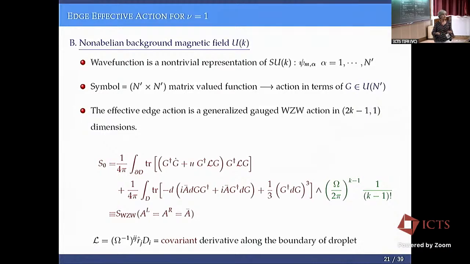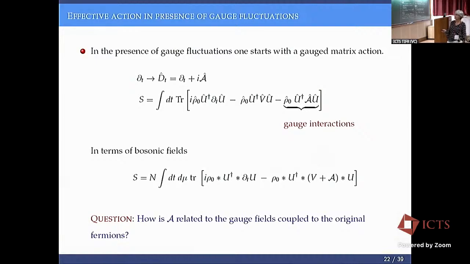Now we want to repeat what we saw in two dimensions, and we want to introduce gauge fluctuations. So how do we do gauge fluctuations in the matrix version? We do the following. In the presence of gauge fluctuations, we replace the time derivative with a covariant time derivative of this form.